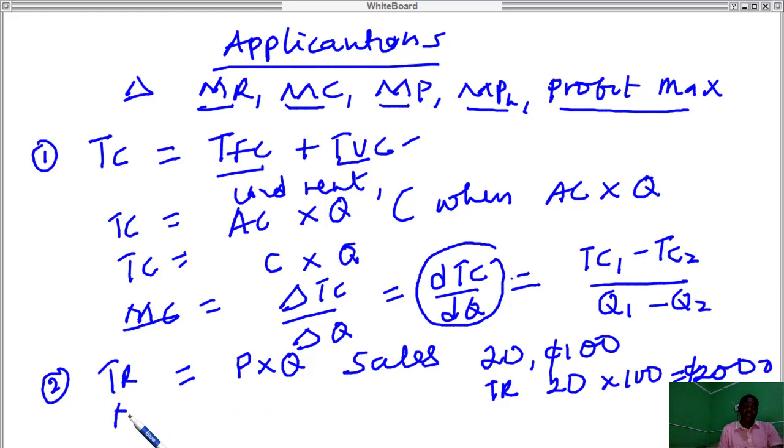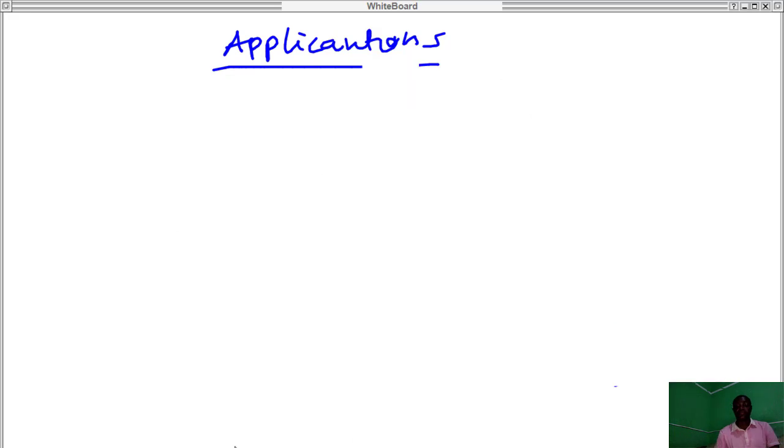To find marginal revenue is simply the change in total revenue as a result of a change in quantity. Good. So let's look at the calculus version of marginal revenue.